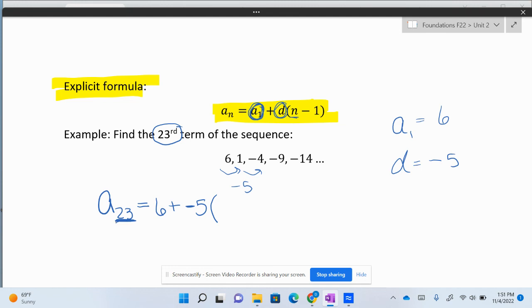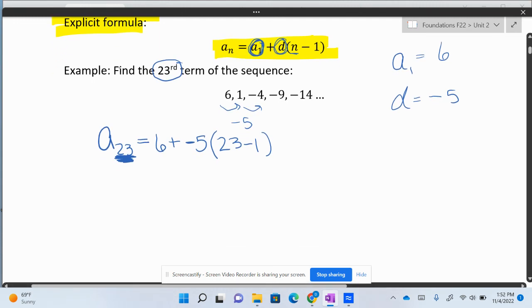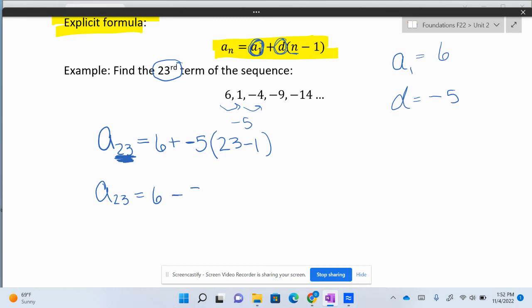What's n? It's the 23rd. So 23 minus 1. So let's simplify this a little bit. That means a sub 23 is 6 minus, because plus a negative is minus, and 23 minus 1 is 22. So minus 5 times 22.